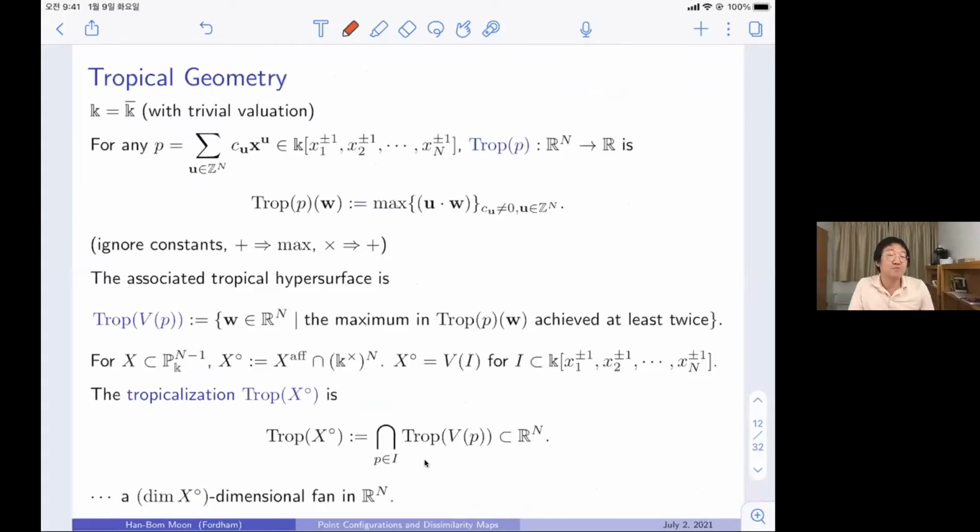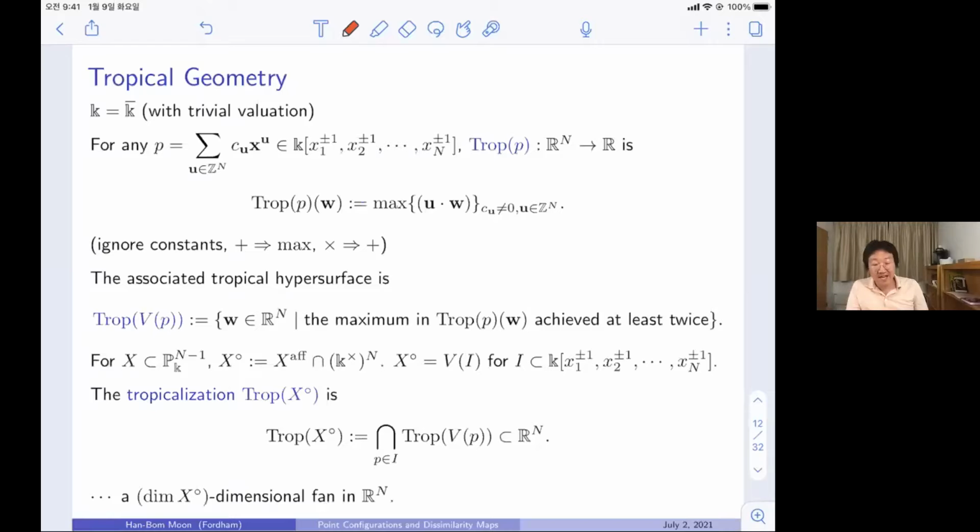The tropical geometry I'm going to explain from now on is a very old-fashioned tropical geometry, and this is a very small portion of the huge field of tropical geometry in the 21st century. So now let's fix any algebraically closed field with a trivial valuation if you want to make everything clear.